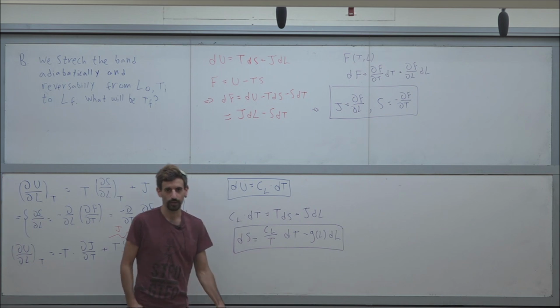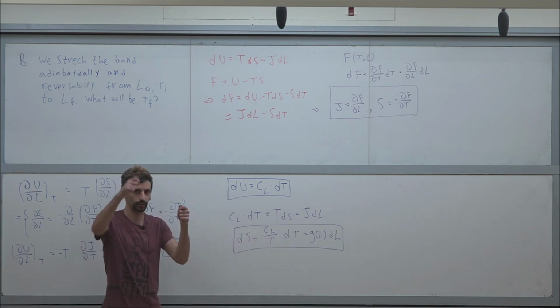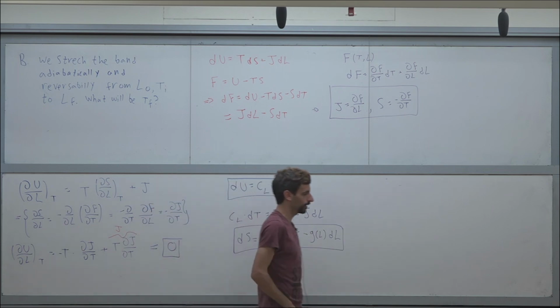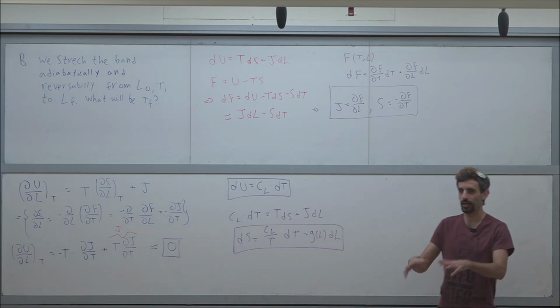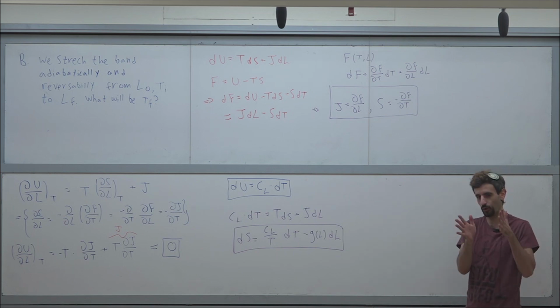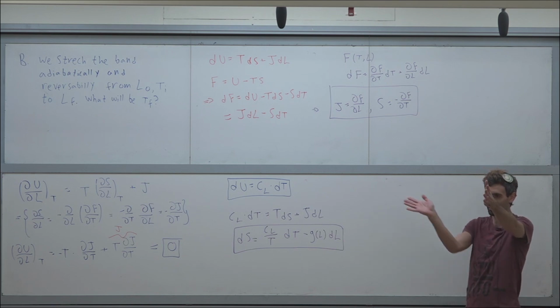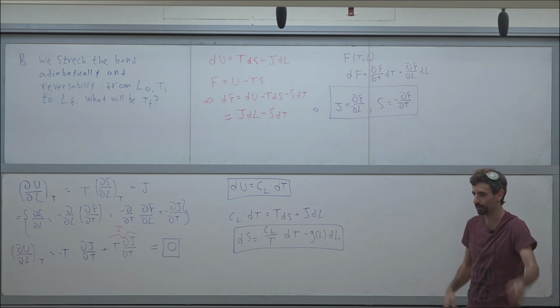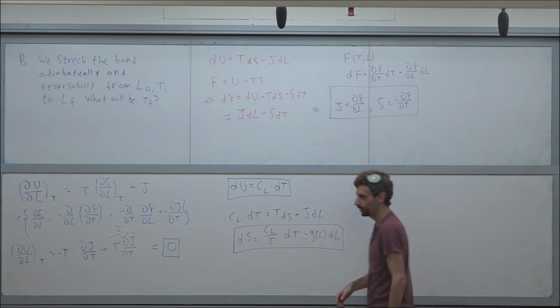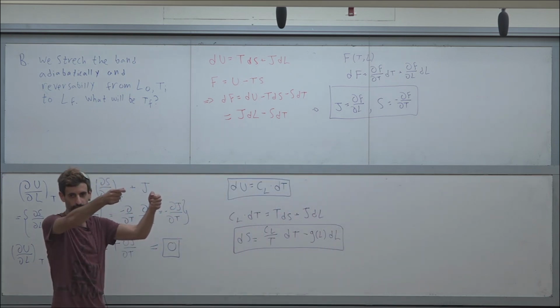Meaning that if I want to see the difference in the entropy from one point to another, imagine I have some manifold which is dependent on L and T. I can go in one direction, only changing the length, another direction, only changing the temperature, and all the intermediate directions, where I change both. And I want to go from one point to another.